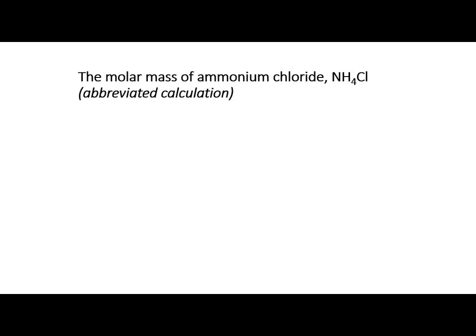Okay, so in this formula, we have 1 nitrogen, 4 hydrogens, and 1 chlorine. So we would take 1 times the decimal number for nitrogen, which is 14.01, plus 4 times the decimal number for hydrogen, which is 1.008, plus 1 times the decimal number for chlorine, which is 35.45.